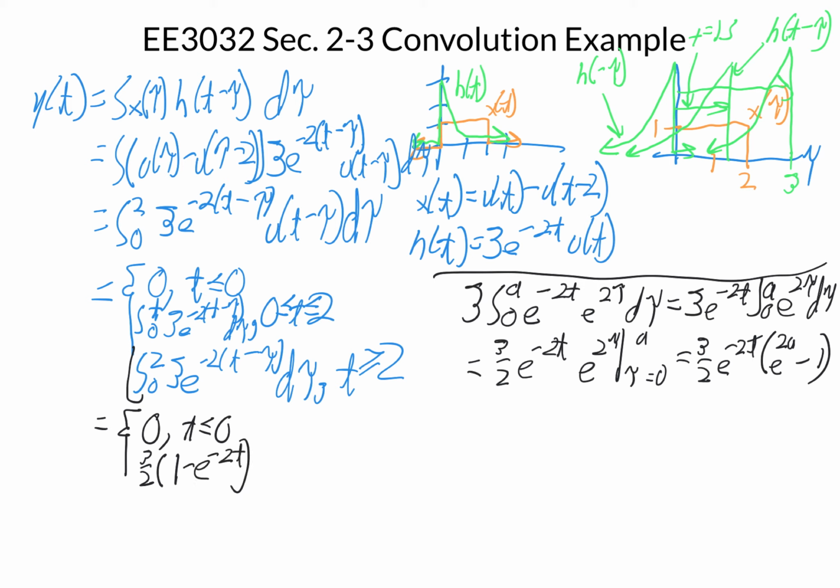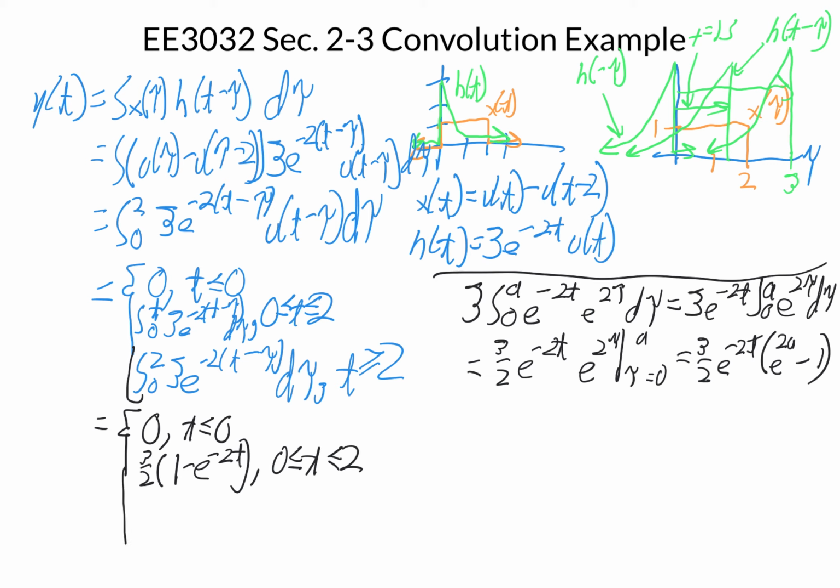So I took this term and multiplied it through, getting 1 for the first part and minus e to the minus 2t for the second part. So that's what applies when t is up to 2, but at least 0.